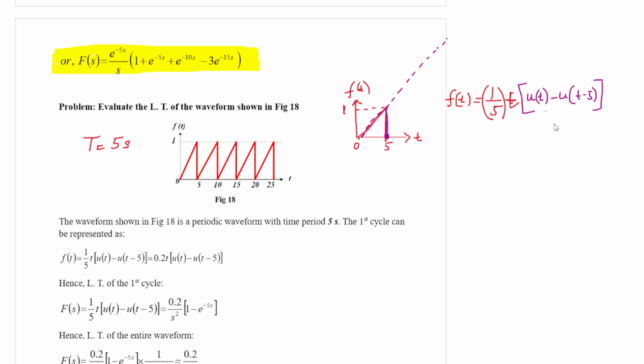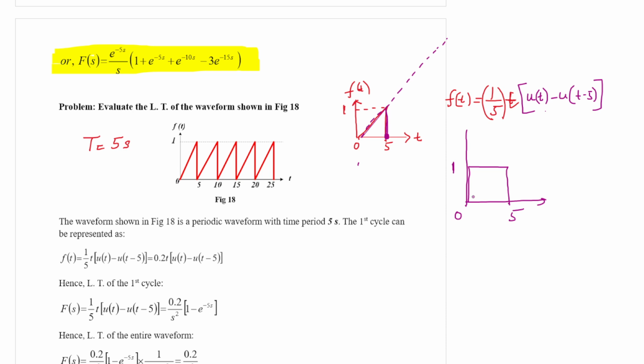When we discussed the gate function, we mentioned its property. Let me sketch. Suppose this is a gate function from 0 to 5, with magnitude 1.